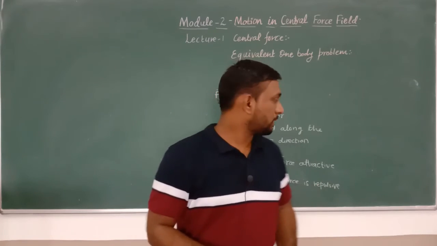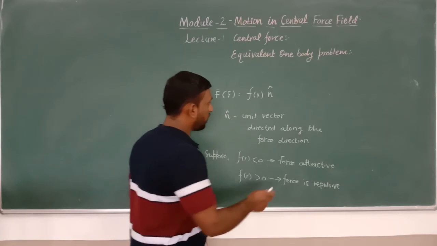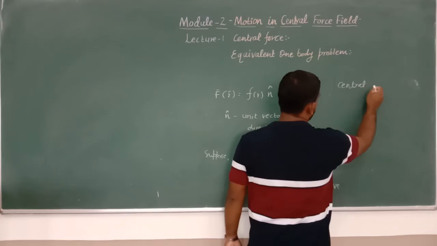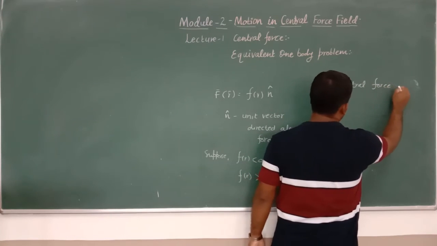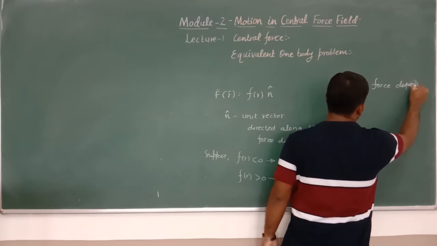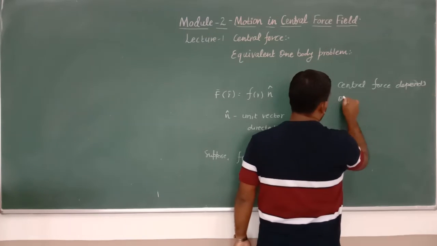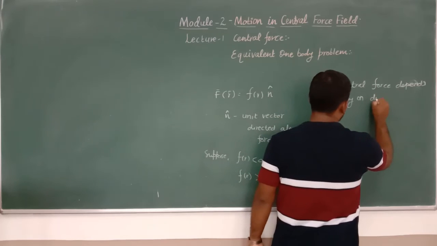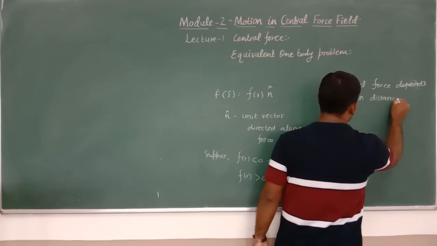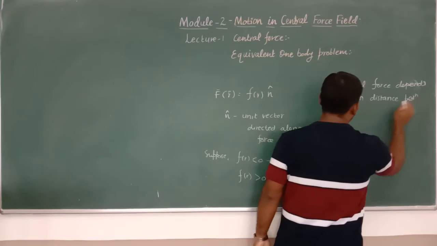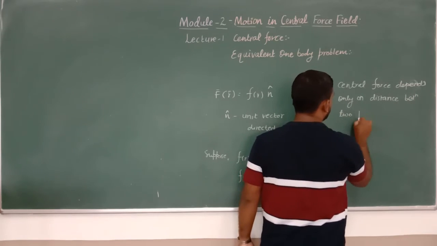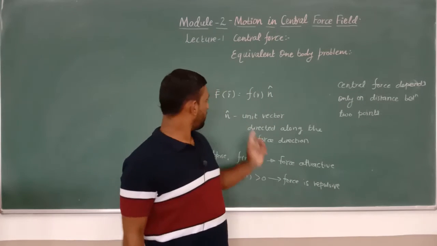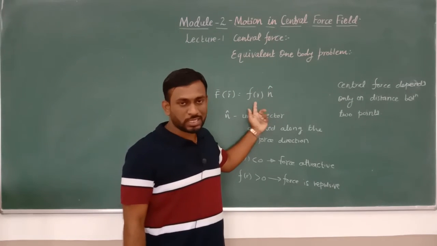So we can conclude that the central force depends only on the distance between two points. Since it only depends on the r value, there are no theta and phi values.